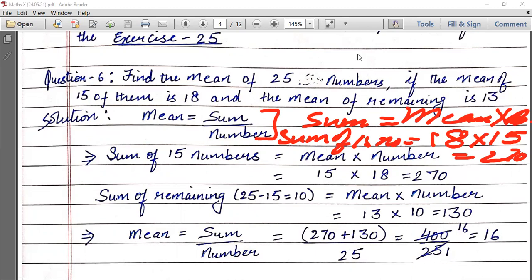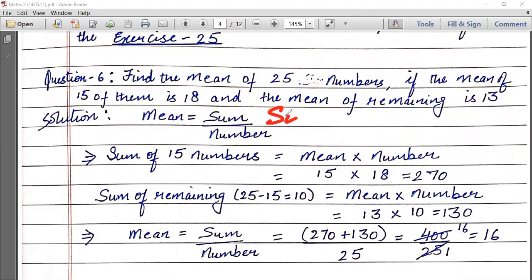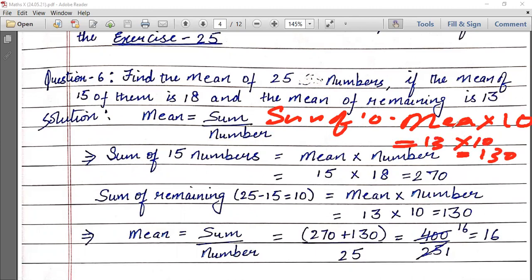Then you will find the sum of 10 numbers. What will be the sum of 10 numbers? It will be the mean of 10 numbers multiplied by the number of observations, that is 13 into 10, that is 130. Okay, so now children, you have the sum of 15 numbers, that is 270, and the sum of 10 numbers, that is 130. When you add them, you will get 400.